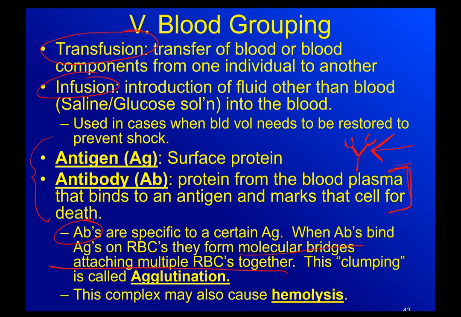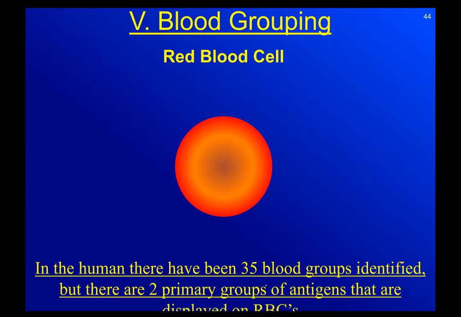They form a clump, and that clump is called agglutination, which I'm going to show you in just a minute. Now, the complex of all of these cells being clumped together can cause something called hemolysis, okay? So let's look at what I'm talking about as far as what's on your cell.